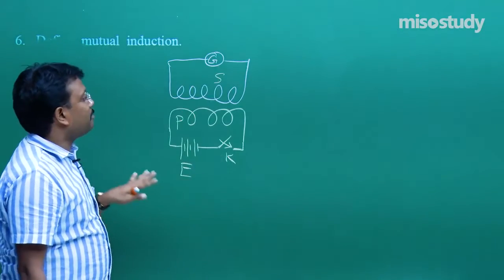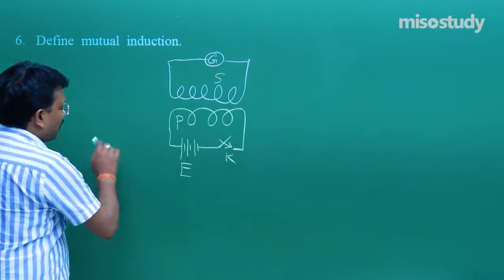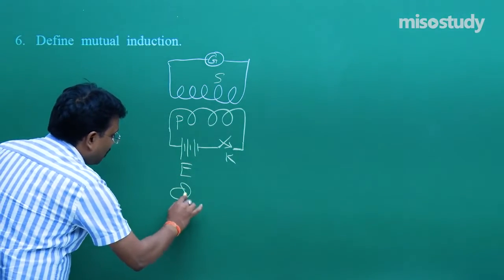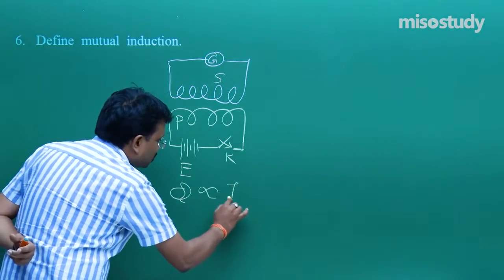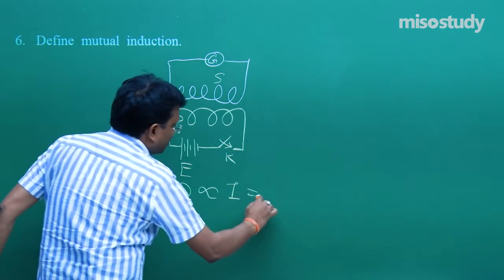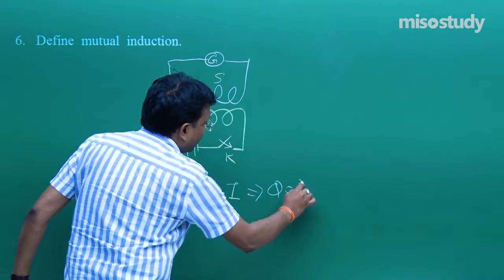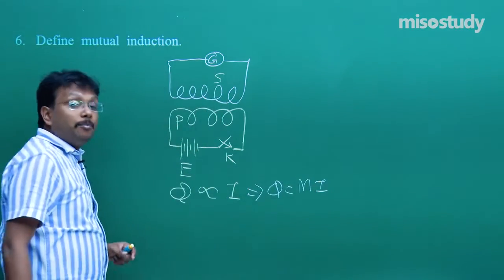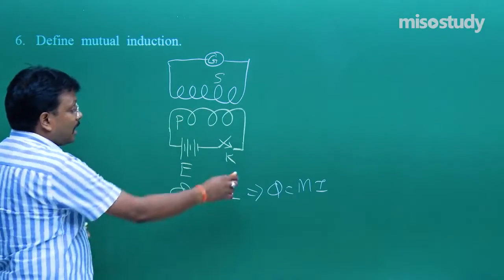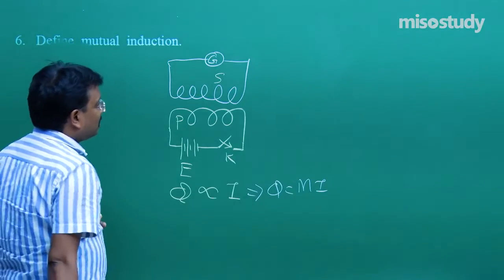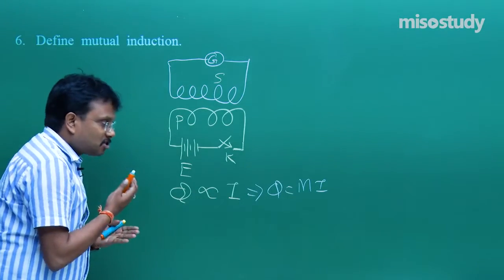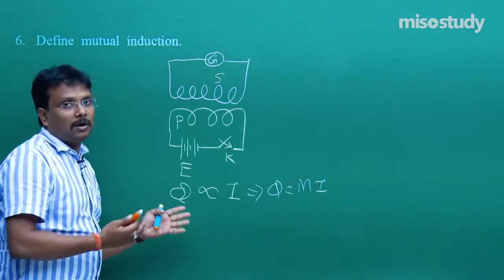In this way I prepared the entire video, and it was mentioned that phi is directly proportional to I. Then I mentioned phi is equal to M I, where M is mutual inductance. Fine. And then it was explained with the dimensional formula, units, all these things.